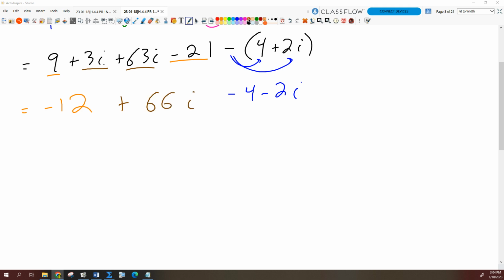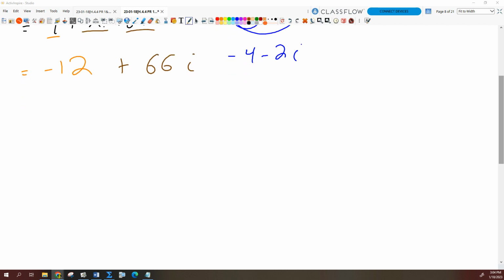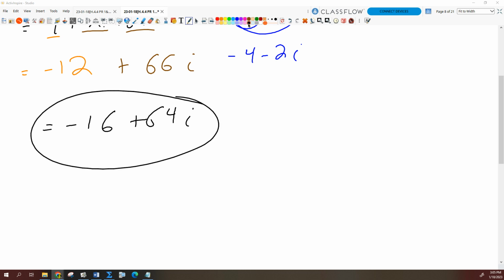Okay, and then now all I've got to do is, again, just combine like terms, right? So if I do that, what am I going to get here? Negative 12 minus 4 is negative 16. 66i minus 2i is 64i. Okay, and we came up with an answer that is a complex number in standard form. What's the real part?